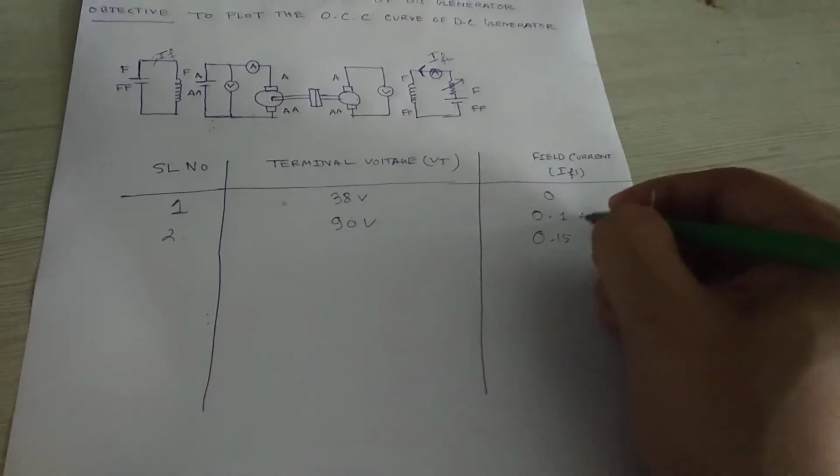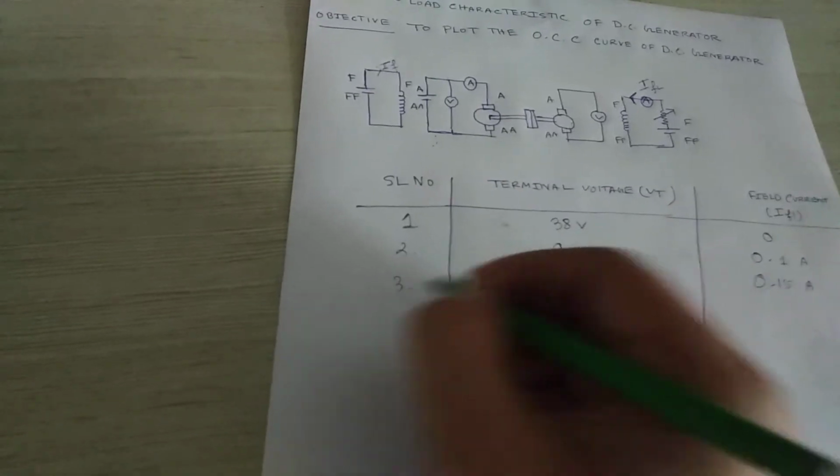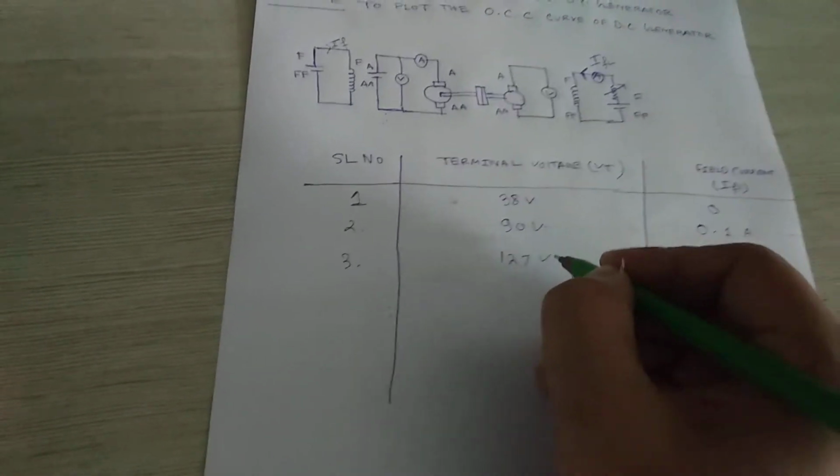So 0.15 ampere, and the voltage, serial number 3, is 127 volt.